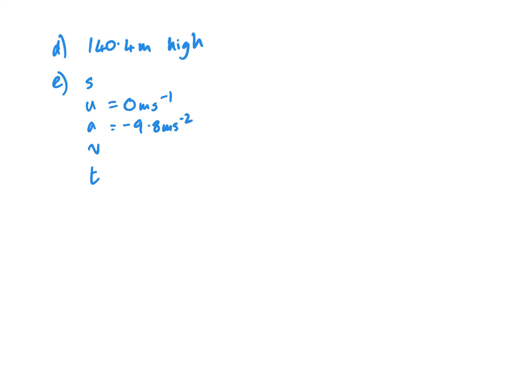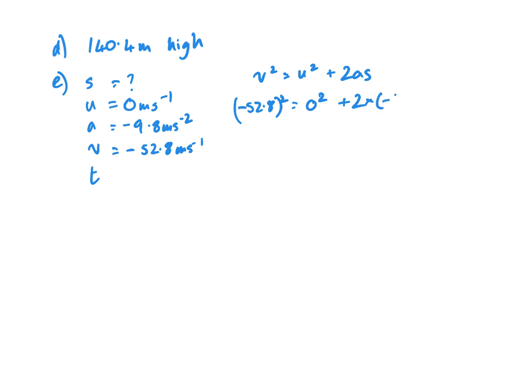We'd worked out previously that it hits the ground at minus 52.8. And we're being asked the displacement for that. So we can use the equation v squared equals u squared plus 2as: minus 52.8 squared equals 0 squared plus 2 times minus 9.8 times s.